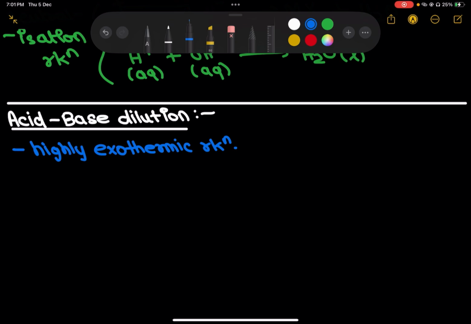This has to be done very carefully or else you can harm yourself. The dilution of acids and bases, especially the very corrosive, strong ones like HCl, H2SO4, NaOH, etc. So what is the correct procedure? Should water be added to an acid, or acid be added to water? Always remember that acid should be added to the water and not vice versa.